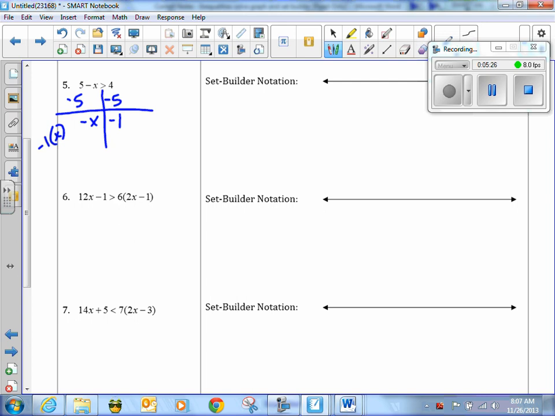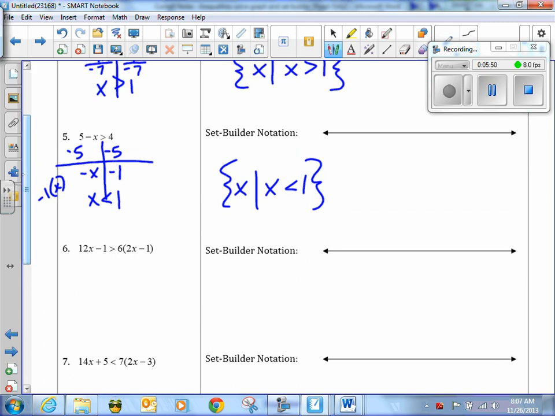So if we divide both sides by negative 1, or what I like to do is just make the values opposite, I will have x less than 1. So set notation: x such that x less than 1. And to graph it, here's my 1, here's my open circle, done.